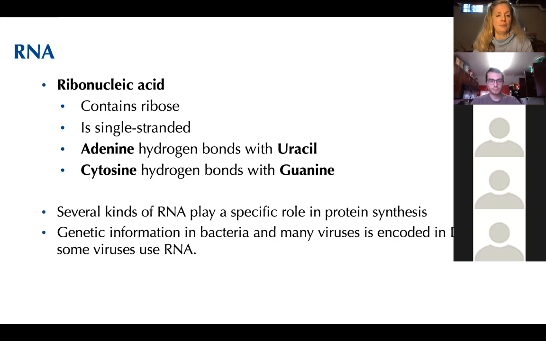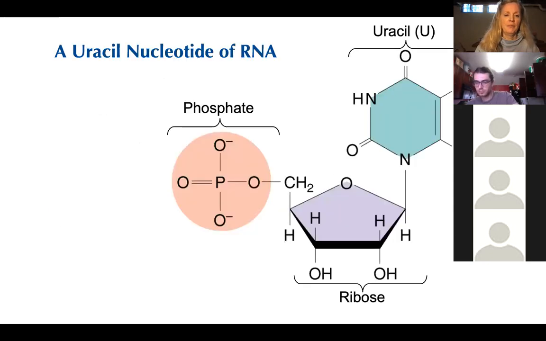It carries the recipe for the proteins. RNA is single-stranded, and instead of adenine bonding with thymine, it bonds with uracil. And remember, some of our viruses are going to encode their genetic code in RNA instead of DNA, but our bacteria and us use DNA.